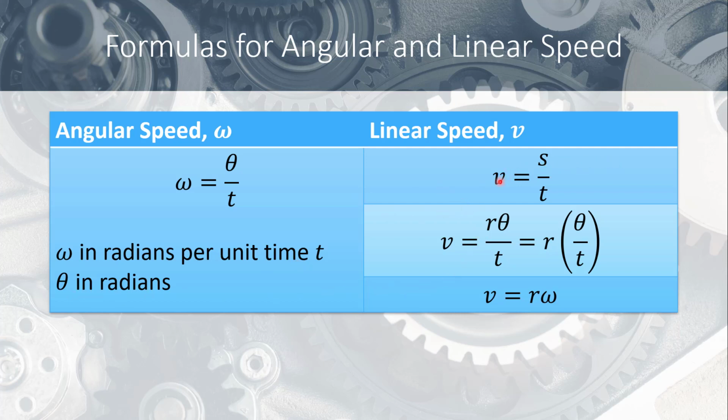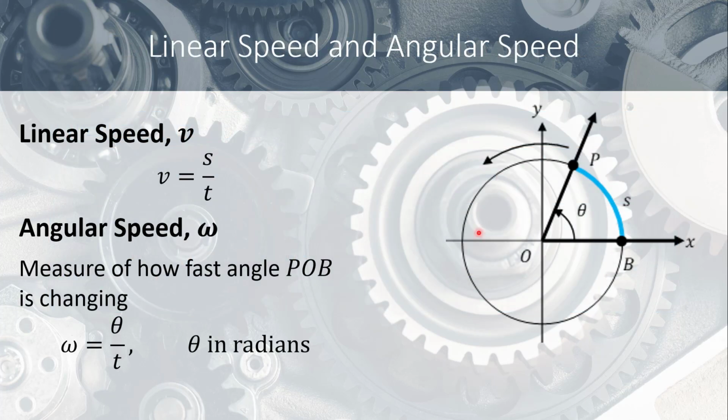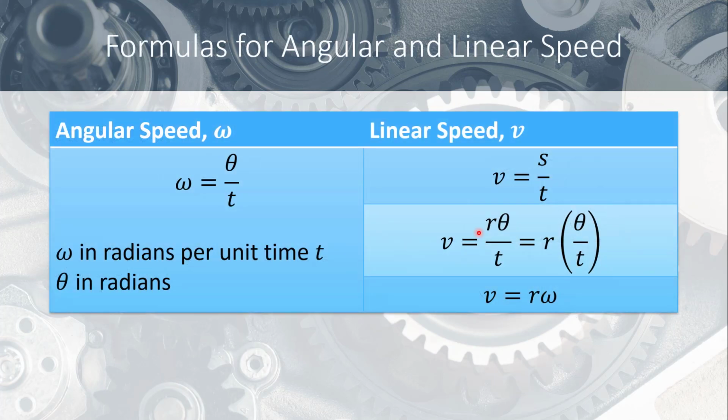So here we have our linear speed is equal to our arc length divided by time. Well, we know that our arc length can be written as r times theta if we have a circle of radius r, which I didn't specify in this particular case. We're no longer dealing with the unit circle; it now has a certain radius. Okay, well, we can write this as r times the quantity theta over t. So these are our relationships between linear speed and angular speed.